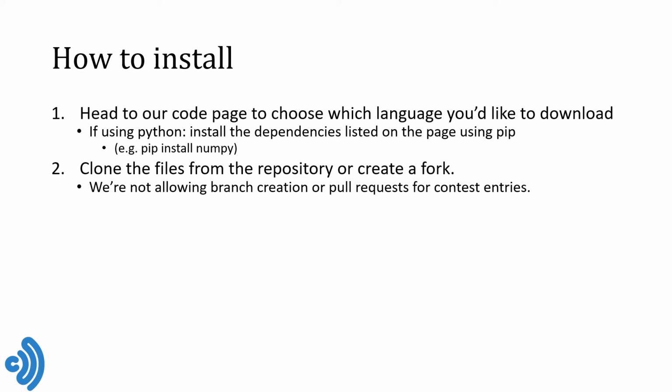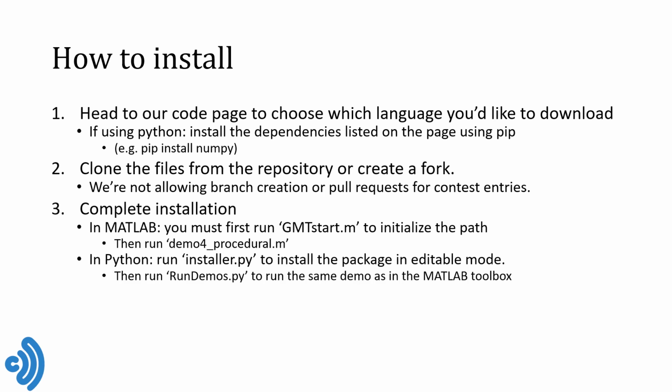Installing the package is as simple as cloning the package in your preferred language from the repository. We should note here that we're not allowing branch creation or pull requests for contest entries, so create your own repository in GitHub if you wish to do your source control there. Each package has its own post-download routines to completely enable its functionality. In both cases, all you need to do is run a script to complete the installation procedure.